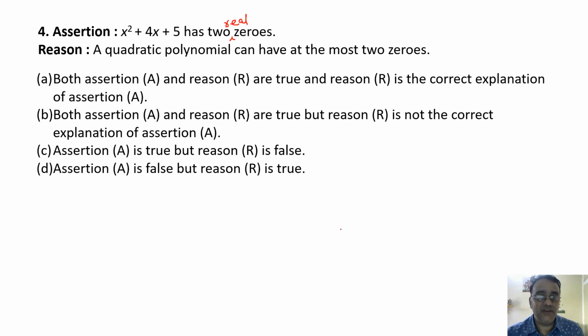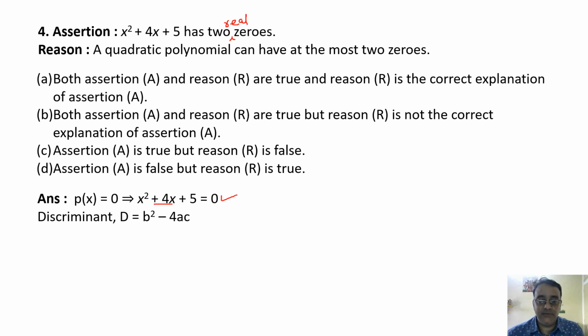Now we will check whether the assertion is correct or not. The reason is correct, so let's check the assertion. We will equate with zero first. Now see, it is not splitting here; we cannot split the product 5 into the 4. So what we are going to do is check the value of the discriminant. You have already read quadratic equations. So what is the formula for finding the discriminant? Very good, b square minus 4ac.